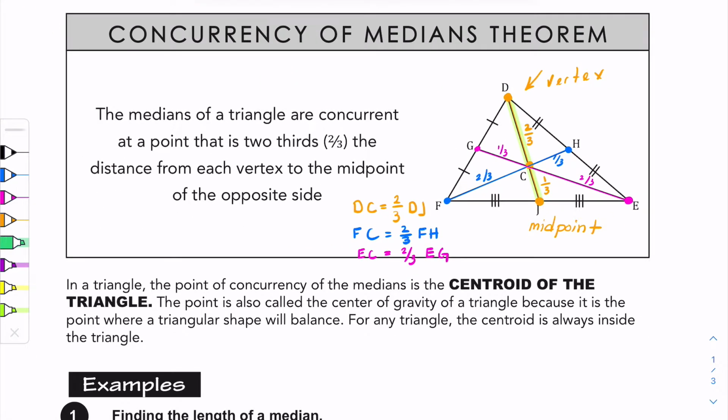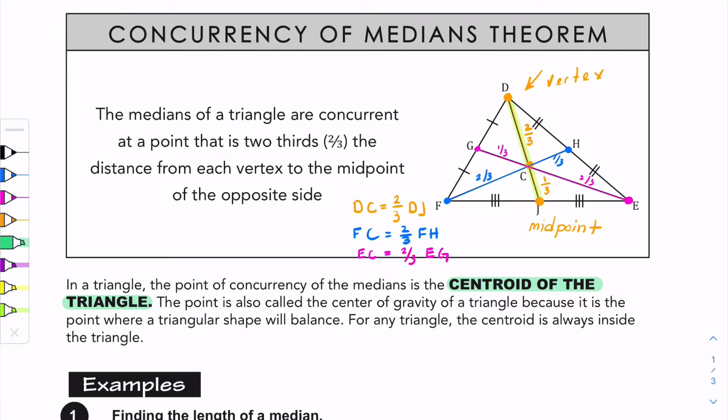So in a triangle, the point of concurrency of the medians is the centroid of a triangle. This is the point called the center of gravity because it is the point where a triangular shape will balance. For any triangle, the centroid is always inside of the triangle.